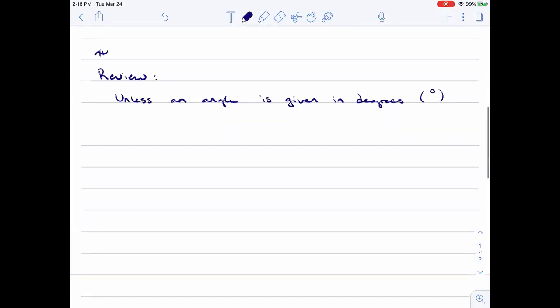Unless an angle is given in degrees, with the little degree symbol, and that's an open circle, I guess, all angles are assumed to be in radians.